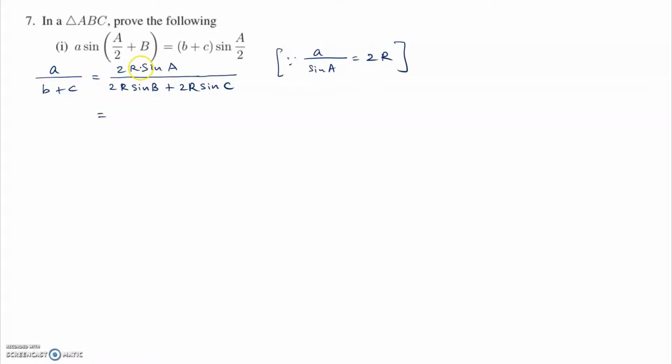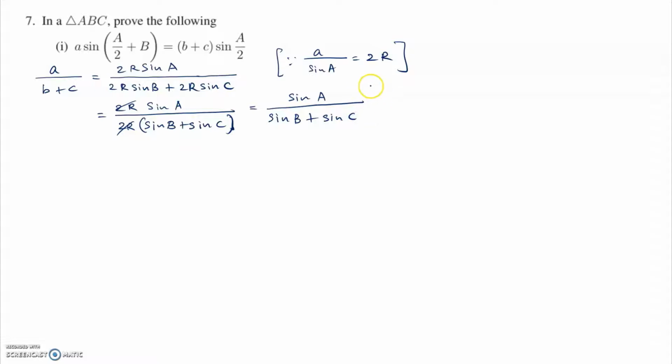So, further let us take the 2R out, into sin A divided by 2R into (sin B plus sin C). So, the 2R and 2R will get cancelled. So, you are left with sin A divided by (sin B plus sin C).